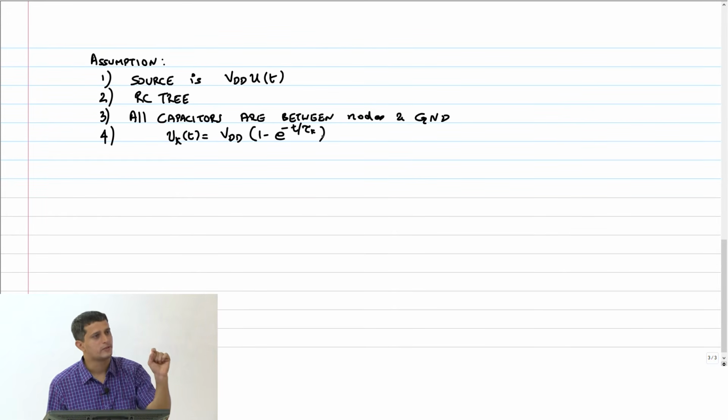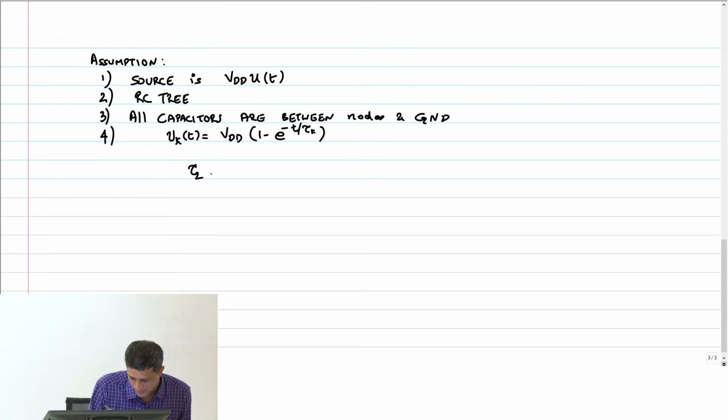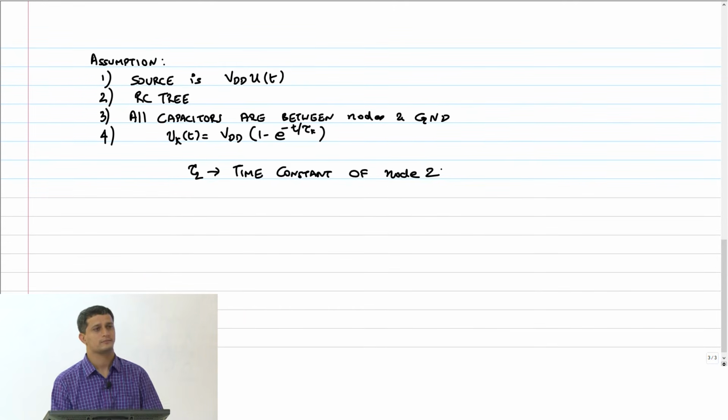Node 2 will rise with a time constant tau 2, node 4 will rise with a time constant tau 4. Okay. So tau 2 is the time constant of node 2, and that's our destination node now.